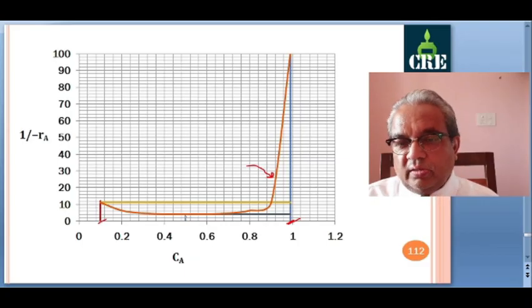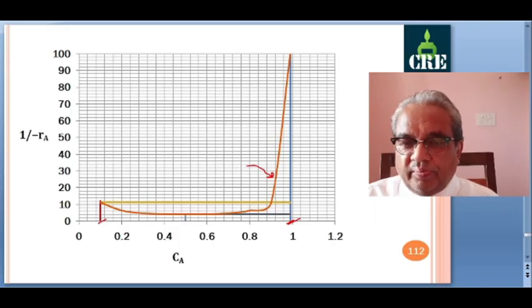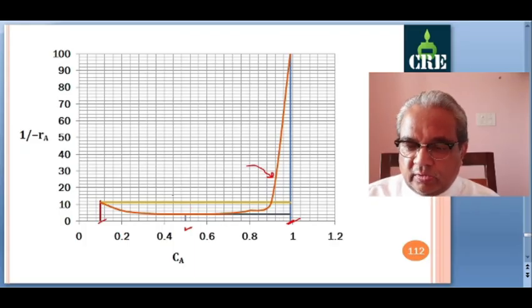This you have to set by trial and error again. A few values you can try. This area under the curve is plug flow, and this small rectangle here is mixed flow.